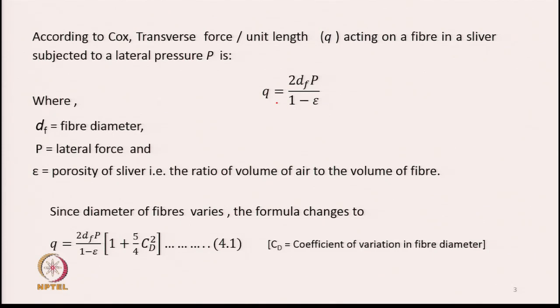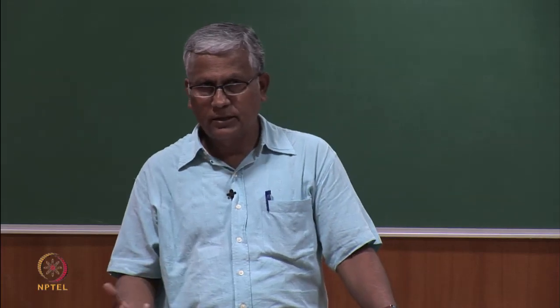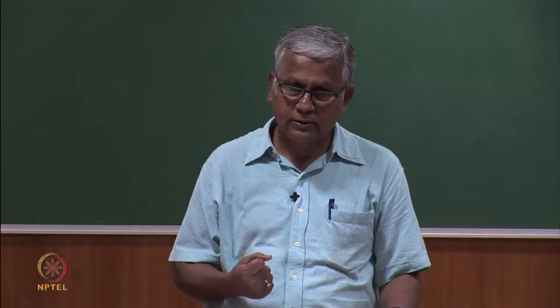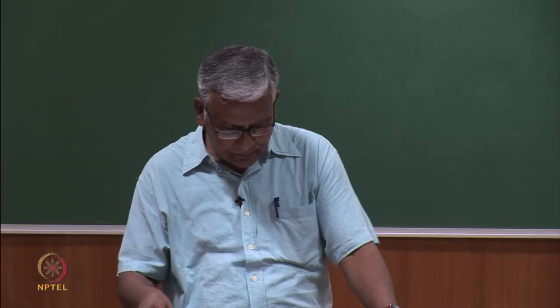In a way, this is compactness of the fiber. If the fiber is porous, it is less compact. If it is not so porous, that basically means it is more and more compact.